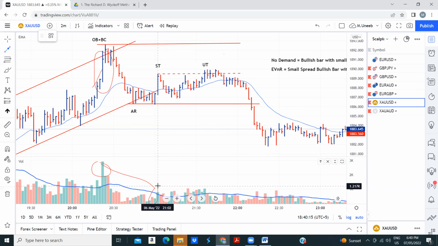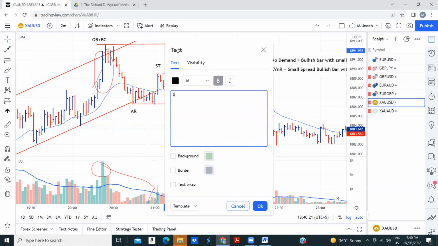No. So it means this secondary test will require retesting if there is no presence of no demand or effort versus no result.